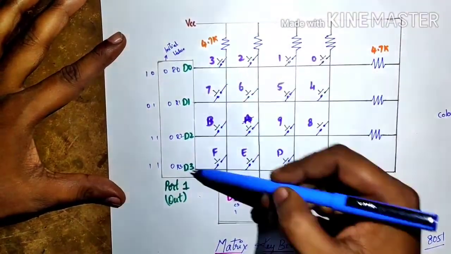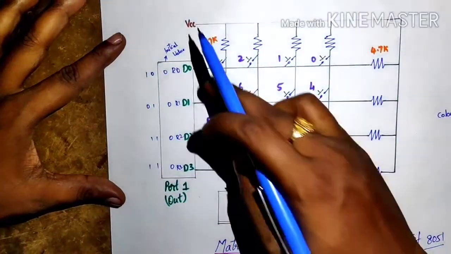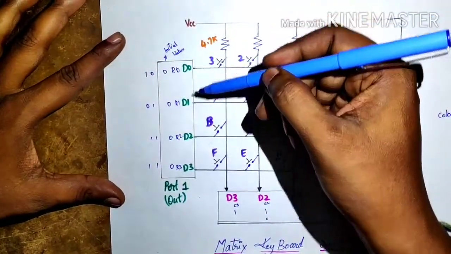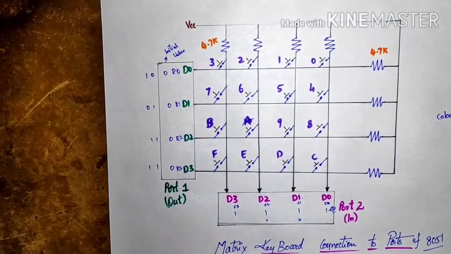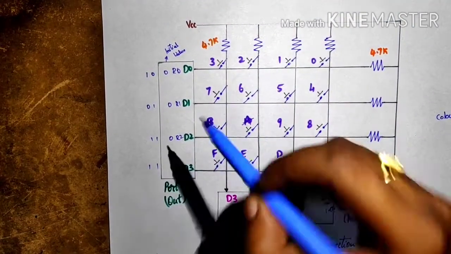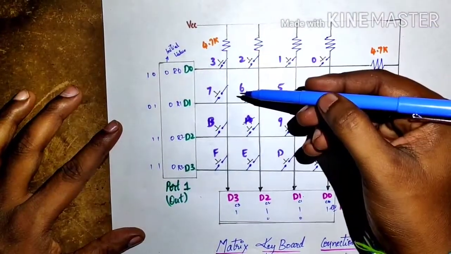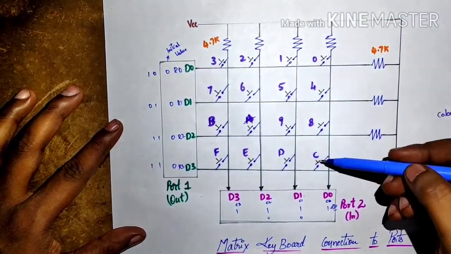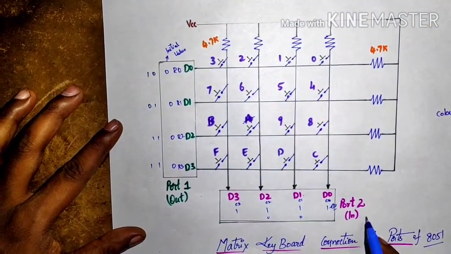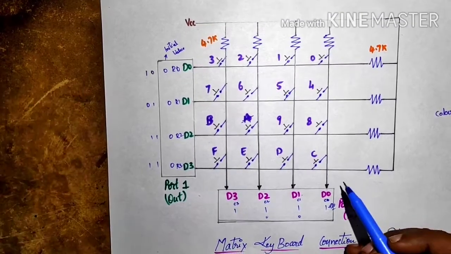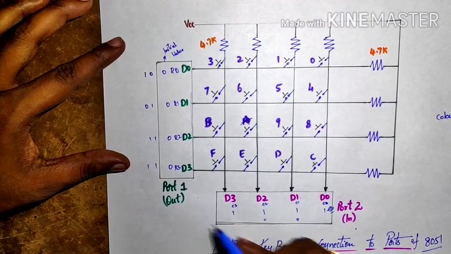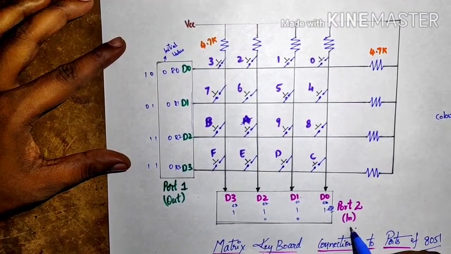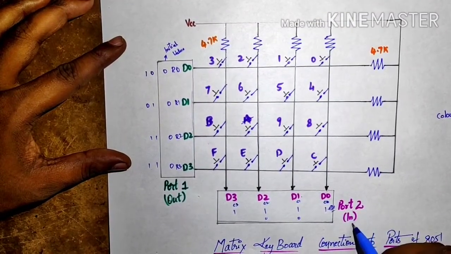The rows of the matrix keyboard are connected to port 1 as outputs, and the columns of our keyboard are connected to port 2 as inputs.